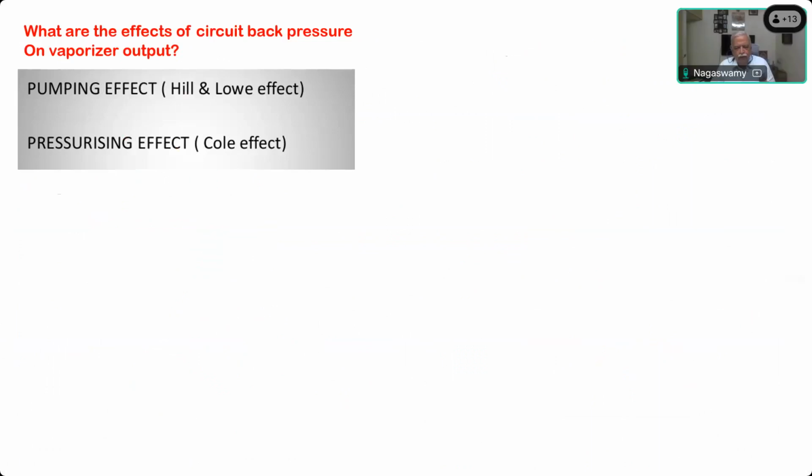So there is a forward flow coming from the flow meter going into the vaporizing chamber, and the bypass flow is also coming. When you squeeze the bag during controlled ventilation, the back pressure is transmitted towards the outlet of the vaporizing chamber, preventing the forward flow of the gases coming from the bypass channel as well as the vaporizing channel.